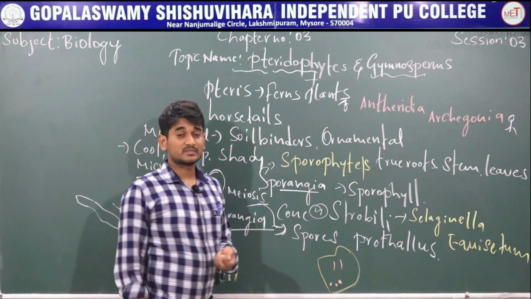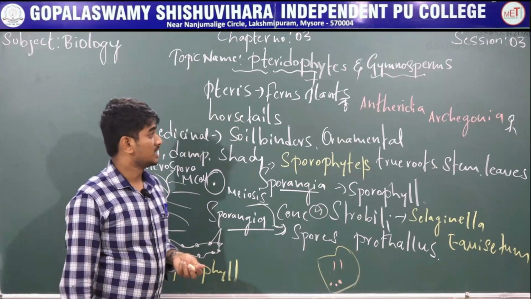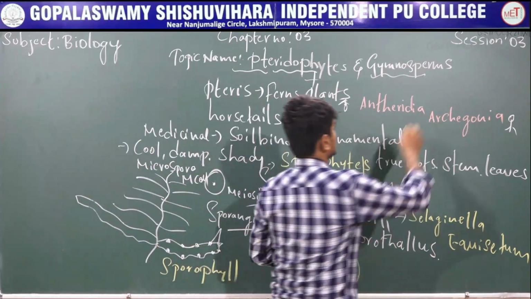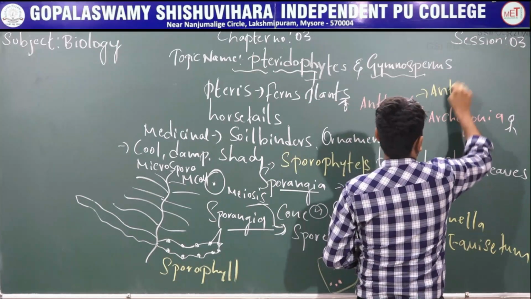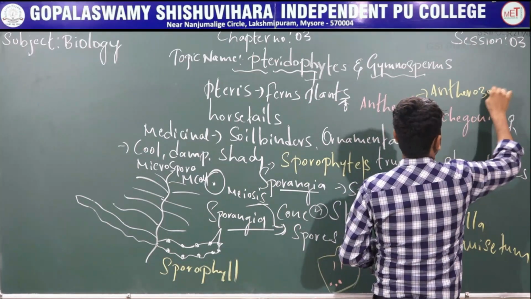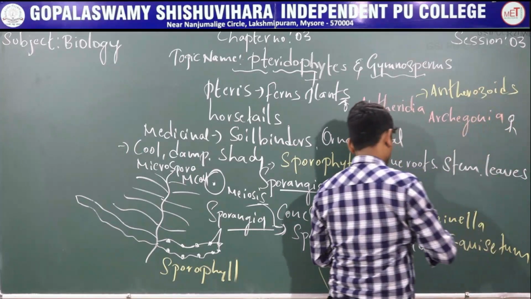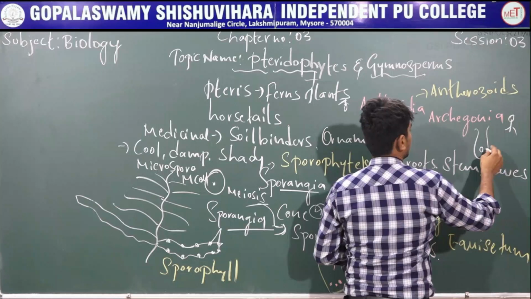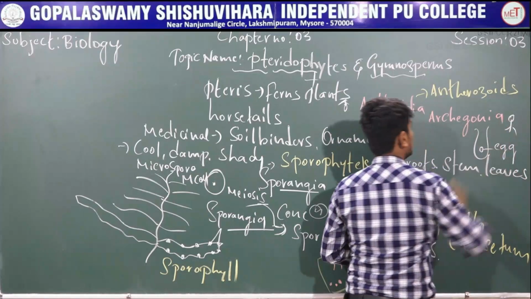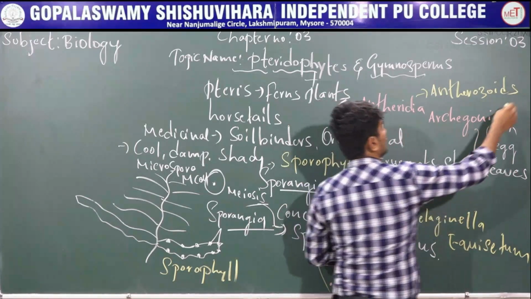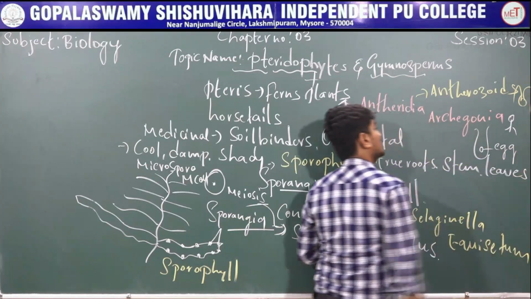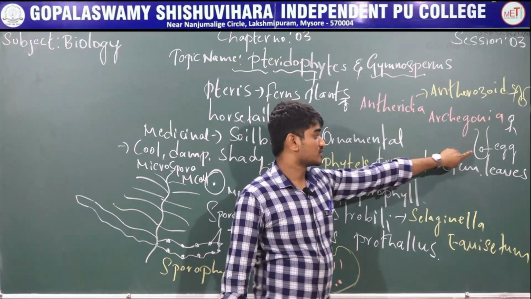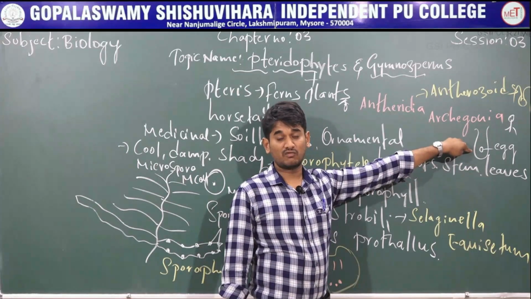Both produce gametes. The antheridia produce antherozoids, and the archegonia produce a single egg. Finally, the antherozoids come in contact with the egg and fuse to form a zygote with the help of water.